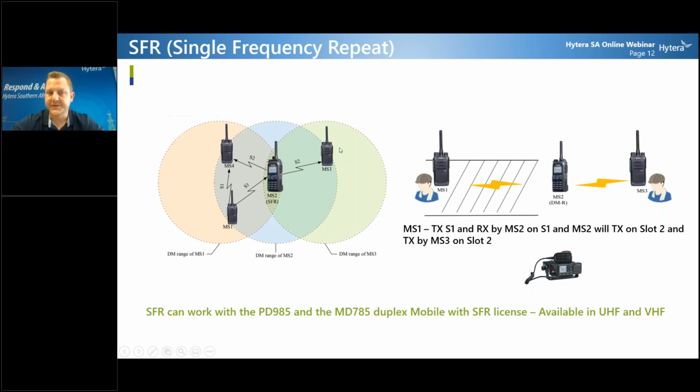On the Hytera radios, you just enable the pseudo trunk function and the radio will dynamically receive on slot 1 and slot 2. If you have other existing DMR radios and you want to still use this function, you can do it, but you would need to program this radio to scan between slot 1 and slot 2, so that if the signal isn't received on slot 1, that radio is able to scan and receive the signal on slot 2.